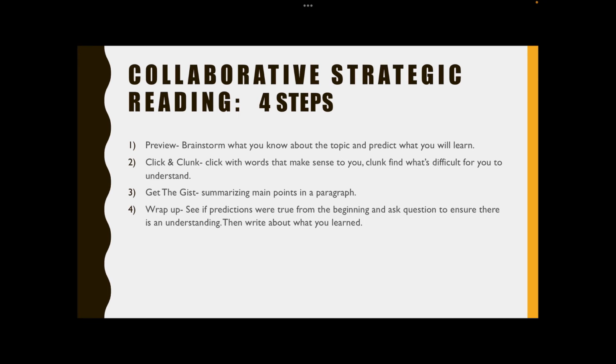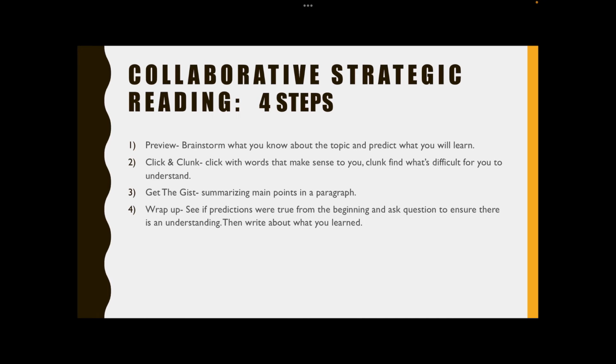So for number 4, the wrap up, it'll be completely after you finish doing the reading, and you're going to see if your predictions from the very beginning were true. And then you're going to ask questions to each other to make sure you understand.